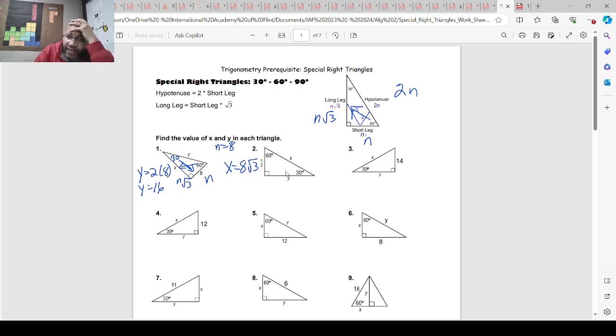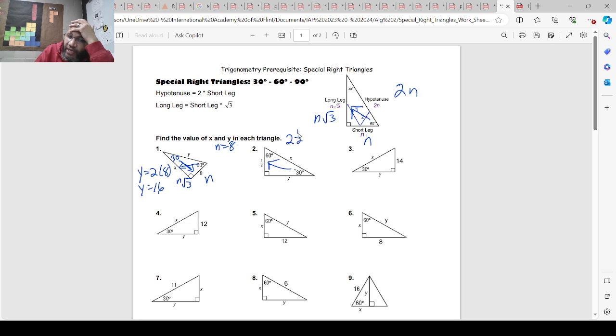Now this half right here is similar to what we were doing on the unit circle. So I'll go ahead and knock this out and leave the rest for you. So I got a 30, 60, 90. The one value that I know is this 1/2 that is across from 30. That's 1/2. So then that means that x is 2 times 1/2, because it's 2n.